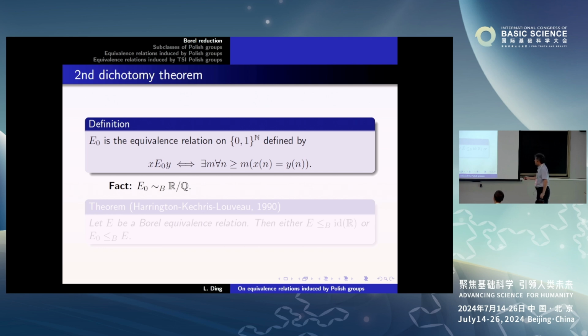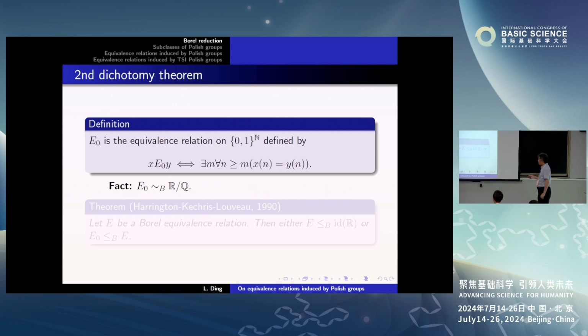Here X and Y are in this space, so X and Y are sequences of 0 and 1. X and Y are equivalent to each other if and only if Xn equals Yn for large enough n. So there are only finitely many n such that Xn is not equal to Yn.